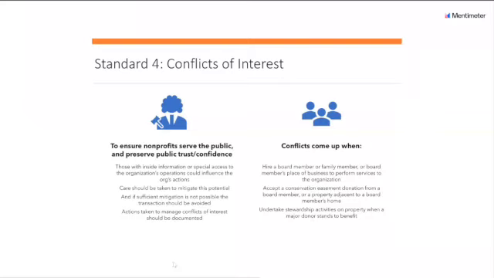You might, as an organization, be considering a conservation easement on a board member's property or on property that's adjacent to the board member's home. You could be undertaking stewardship activities on a board member's previously protected property, or otherwise be dealing with something that might provide some impact to a board member's property.